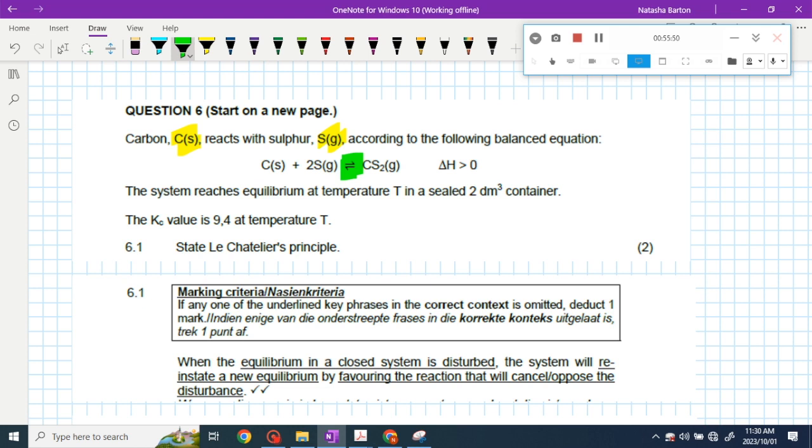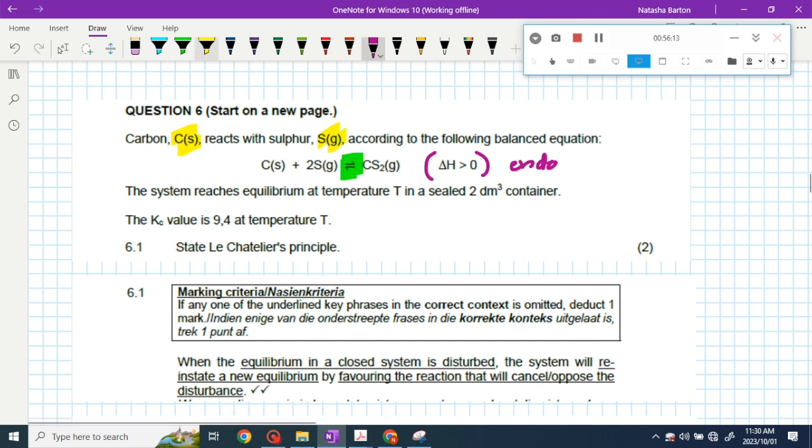But we know for the reverse reaction, this is the reactant that will form those products. Okay. Now on the right-hand side, we have change in enthalpy or heat of reaction. Is this an endo or exothermic reaction? It's endothermic. When the change in enthalpy is bigger than 0, we know it's endothermic.